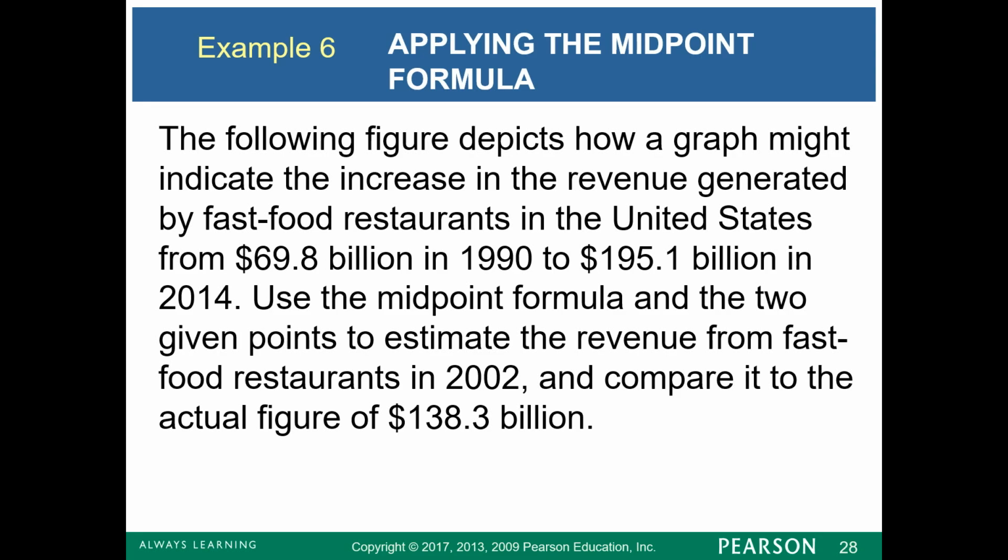So we have the 2 points, guys. The revenue generated by fast food restaurants in the United States was 69.8 billion in 1990. So in 1990, the amount of revenue generated is 69.8 billion. Is that right? We have that point. Another one is, in 2014, it is 195.1 billion.